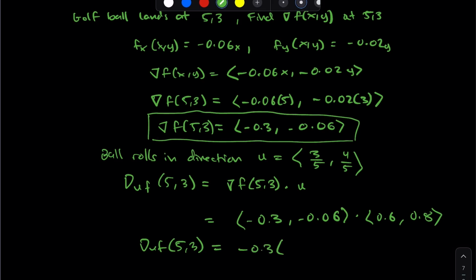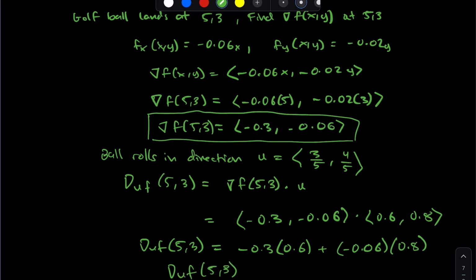let's see, negative 0.3 times 0.6, plus negative 0.06 times 0.8.